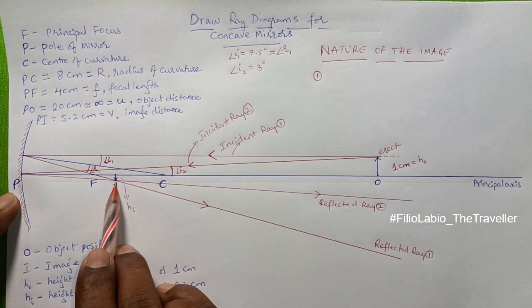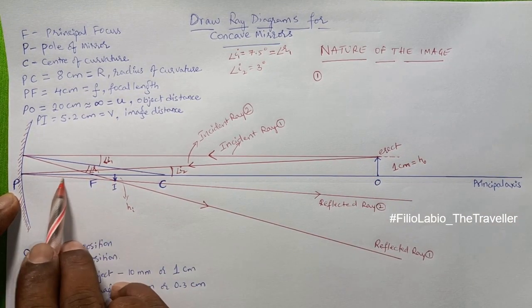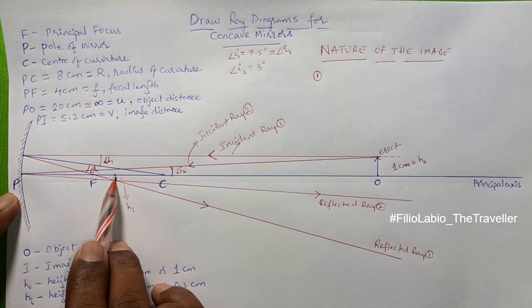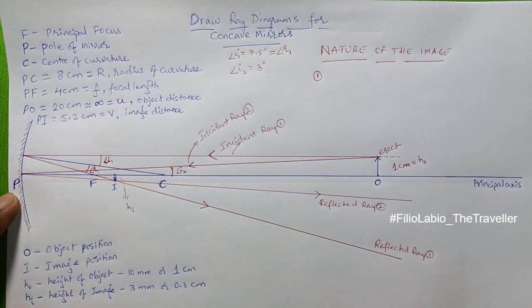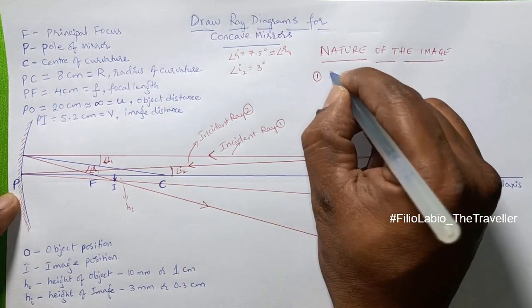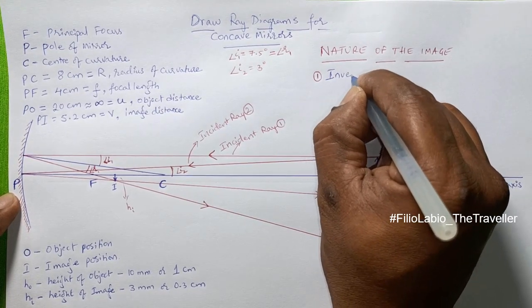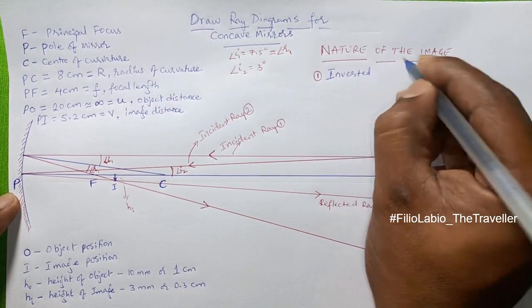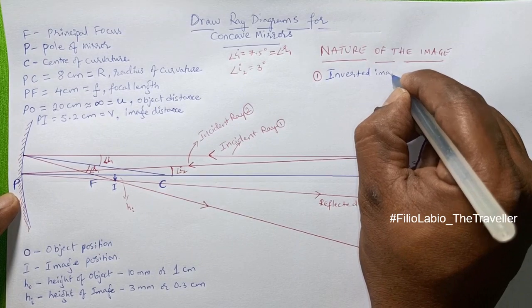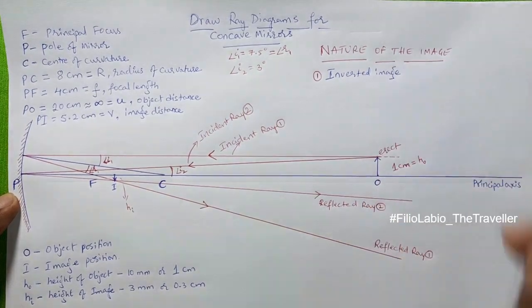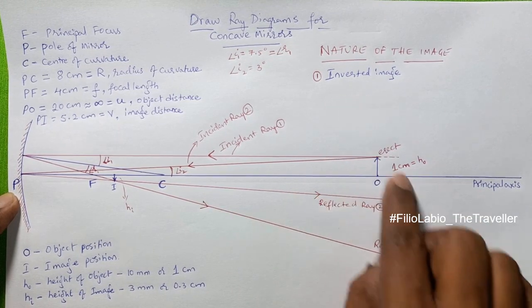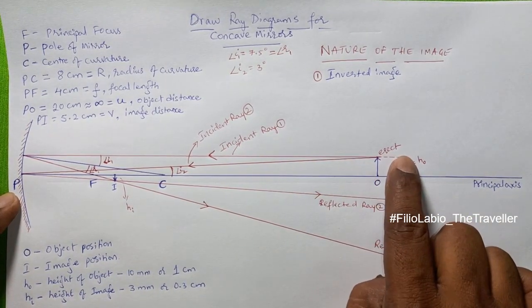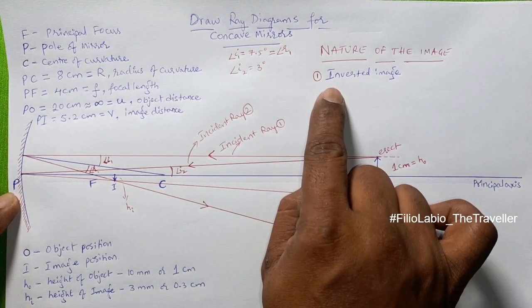Whereas the image is below the principal axis. This is the principal axis and the image is below it, right? So below the principal axis, therefore this is called inverted. The image is inverted.